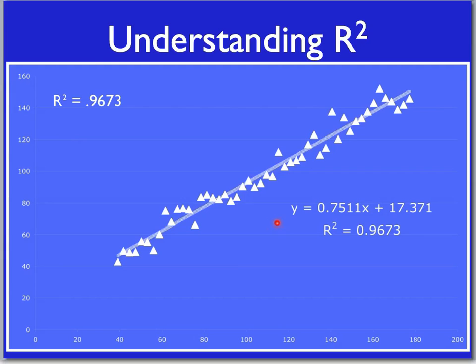So in this particular one, the line has this formula, y equals 0.075x plus 17.37. The investigator told the computer, figure out what this coefficient and this constant are, such that my formula fits all of the data points as closely as possible. And in this particular regression, the computer was able to do that exceptionally well, as evidenced by the high R squared.